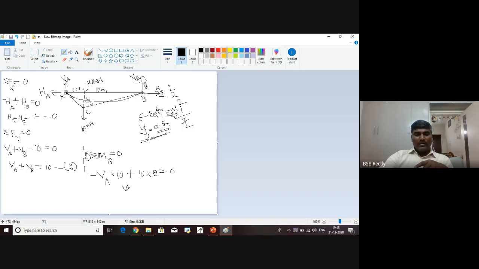Okay. So what is VA value? This 80 by 10, 8 kilonewton. Got it? Now if you take it as 3, okay, so try to substitute this 3 into 2, we'll get VB. 10 minus 8 means 2 kilonewton.